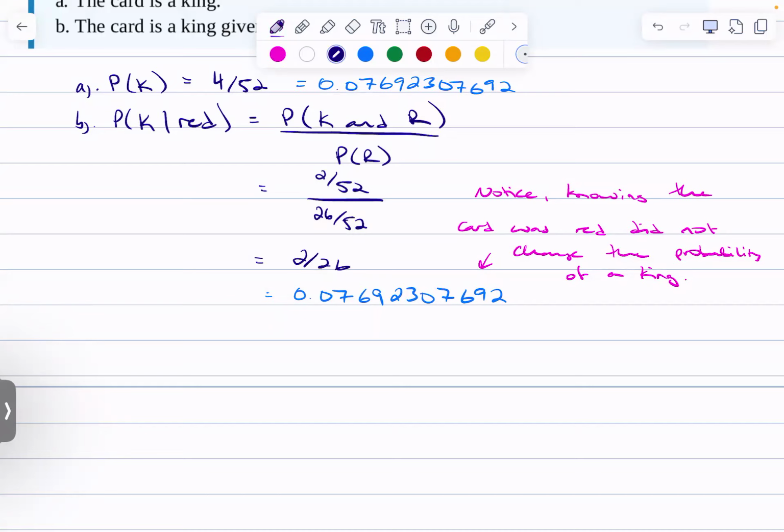It's nice to have confirmation. And that's the idea behind independent events.